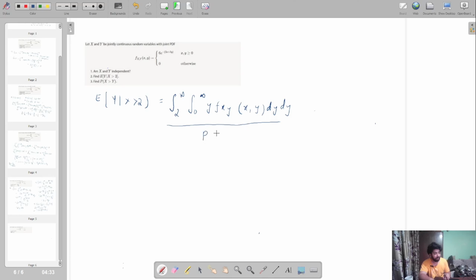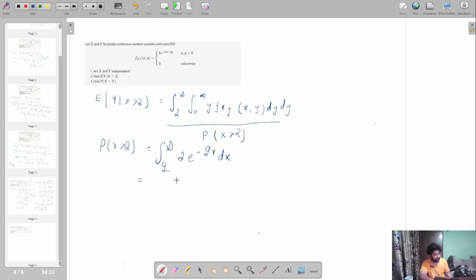and here I will have P(x greater than 2), because the expectation requires x to always be greater than 2, given the condition. So let's find P(x greater than 2) first. In order to do this, we will integrate from 2 to infinity the function 2e^(-2x) dx, which we just calculated in the above part for the marginal.